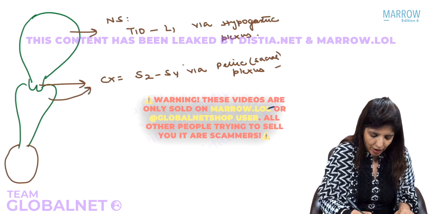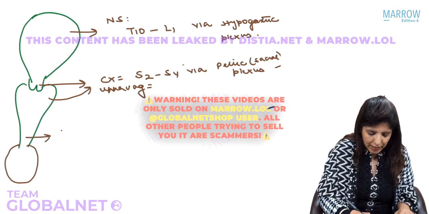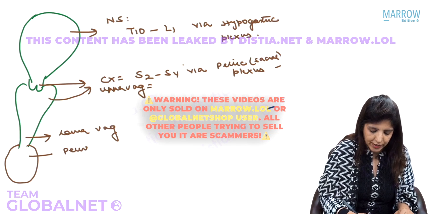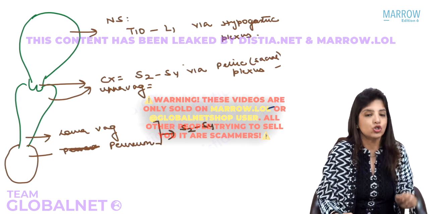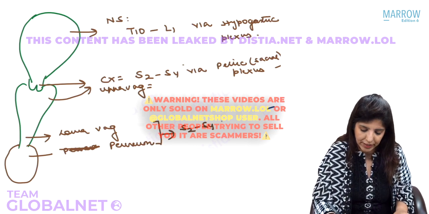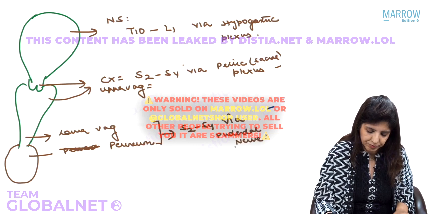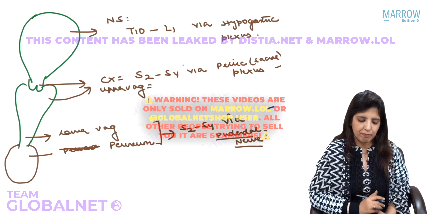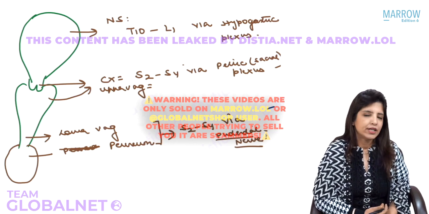The nerve supply of the upper vagina is the same as the cervix, but the nerve supply of the lower vagina and the perineal area, the perineum, is S2 to S4, but not via the sacral or pelvic plexus. It is via the pudendal nerve, right? So this is the nerve supply of the uterus, cervix, upper vagina, perineum and lower vagina. Till here it is clear to you.